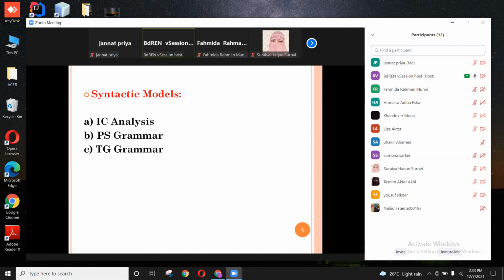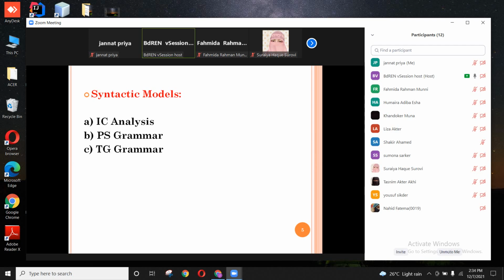The prominent ones are IC analysis, PS grammar, and TG grammar. These are the prominent syntactic models in linguistics. So these models are used to analyze the sentence structure, to analyze the different constituents or elements of a sentence.